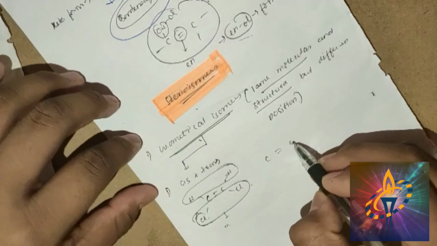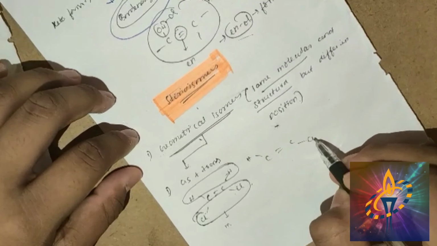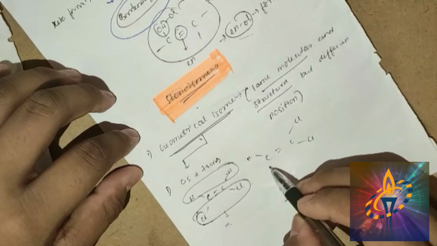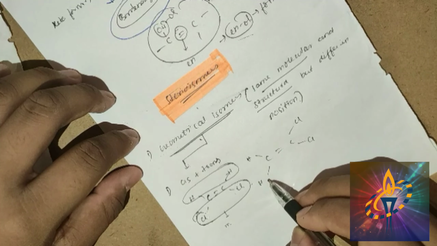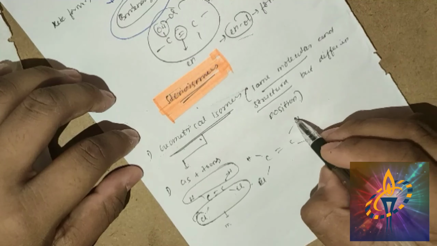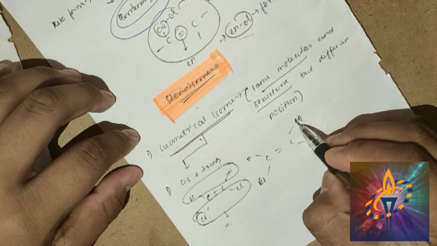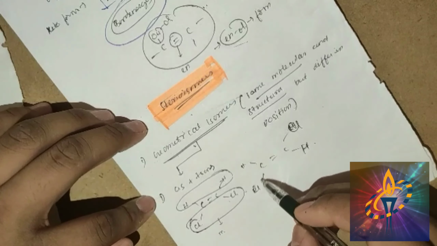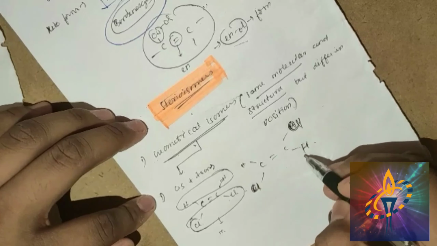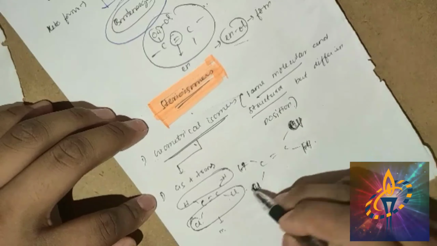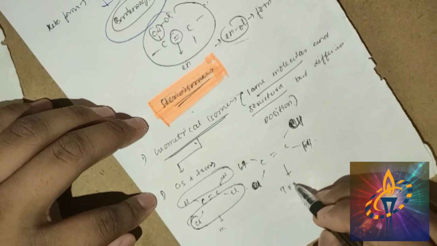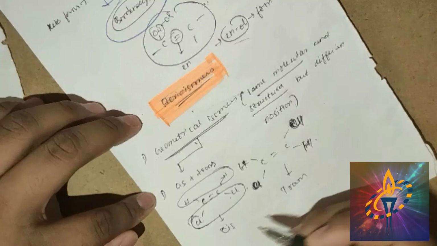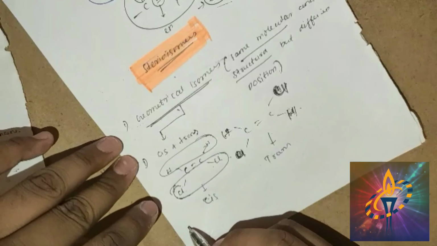If two same atoms are on opposite sides, like this, here H, here Cl, here Cl, then it is called trans. This is cis. This is one type of geometrical isomerism.